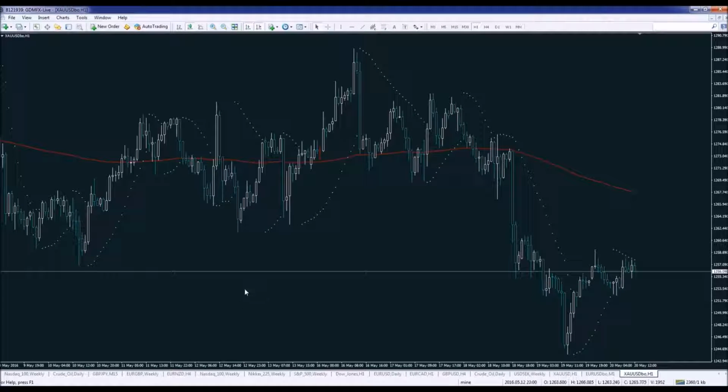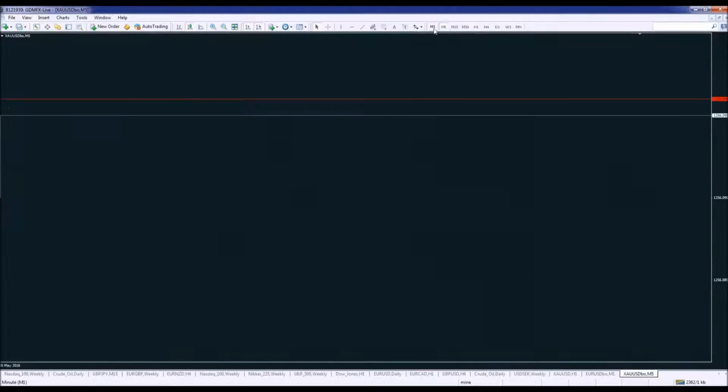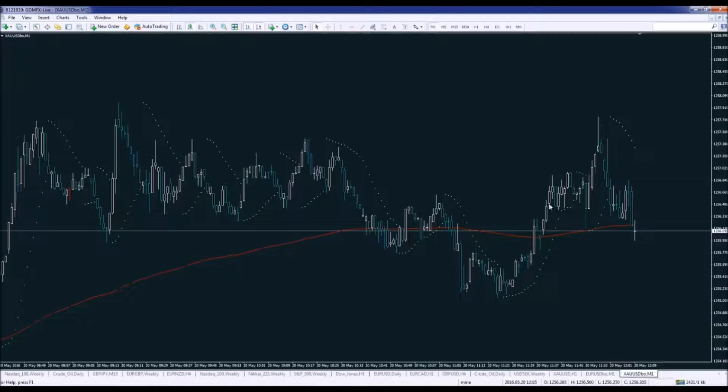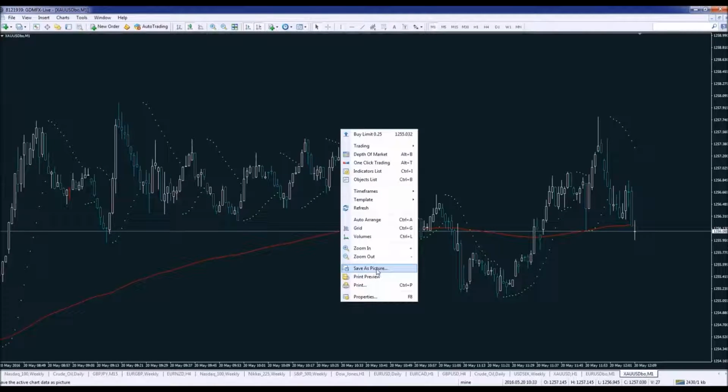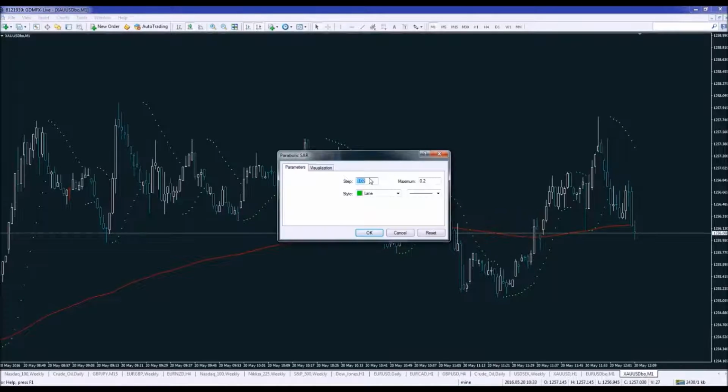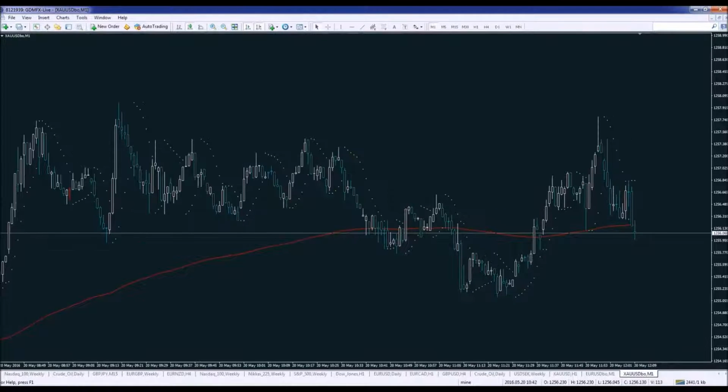And of course, when we are using it on a smaller time frame, the particular price direction is shown much faster, and those corrective moves are filtered much more easily if we have the support and resistance on a larger step, for example, 0.05.